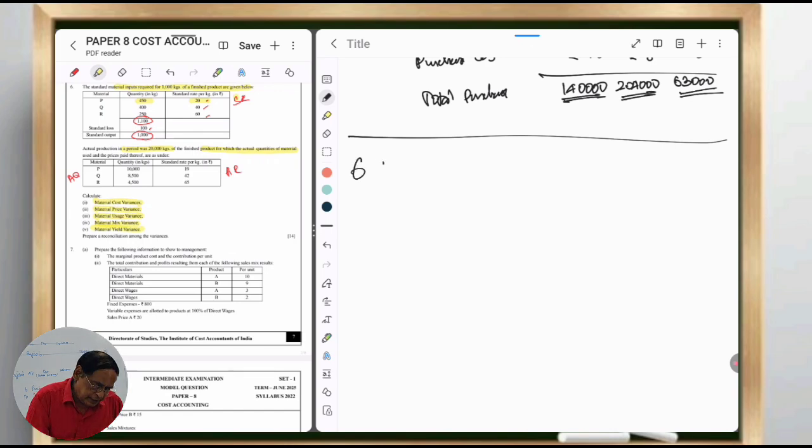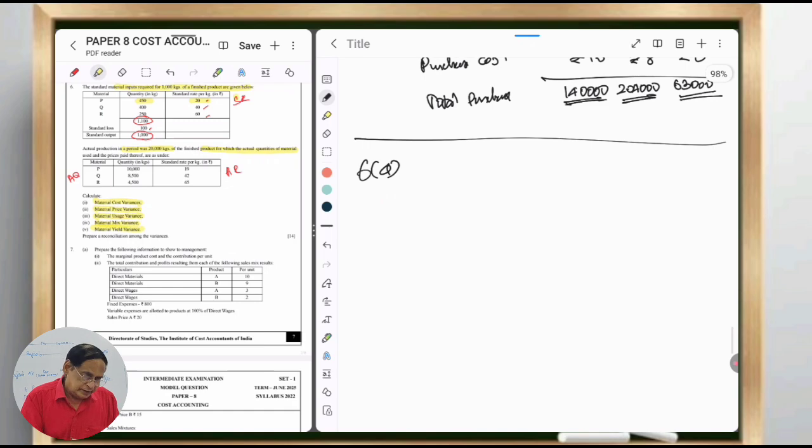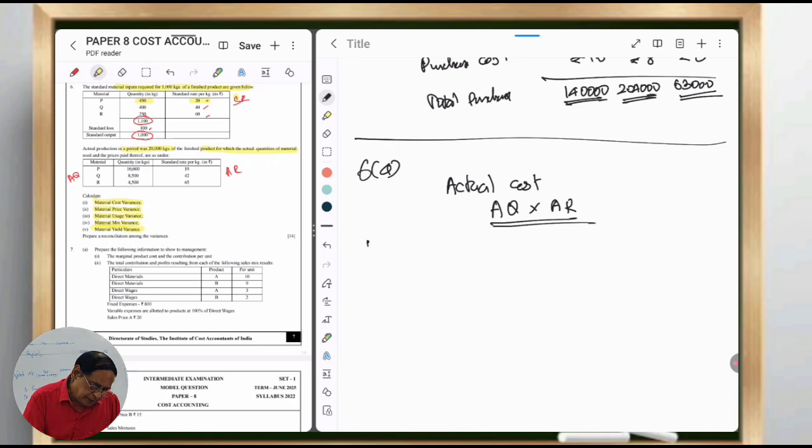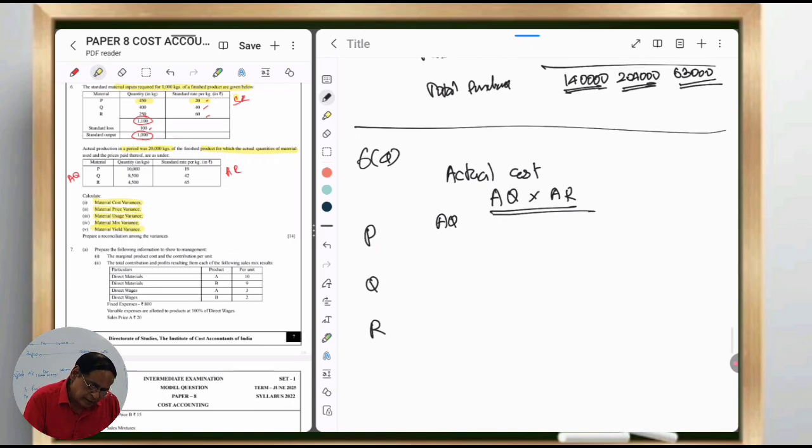Question number 6a. We will put the headings M1, M2, M3 like that. In order to find out actual cost, we need actual quantity into actual price or rate. This formula we require first. So for the product, material P, Q, R, three materials, actual quantity and actual rate.